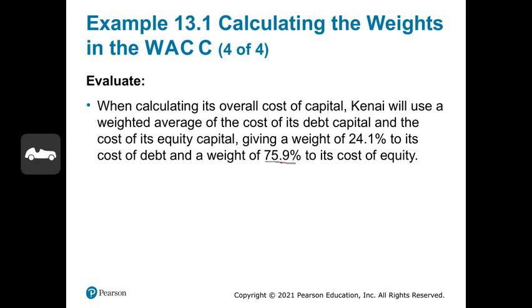You can always double check, right? The 75.9 and the 24.1 have to add up to 100. You have to account for 100% of that liabilities and stockholders' equity portion of your balance sheet.